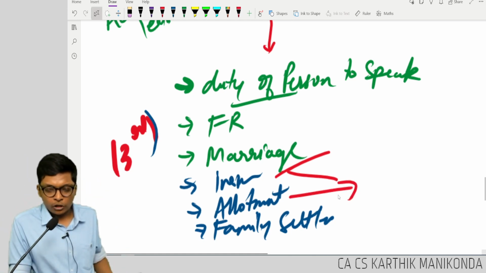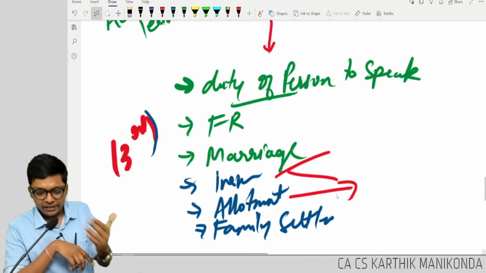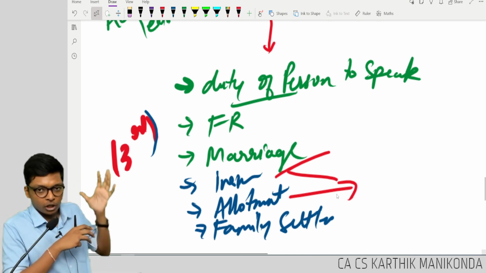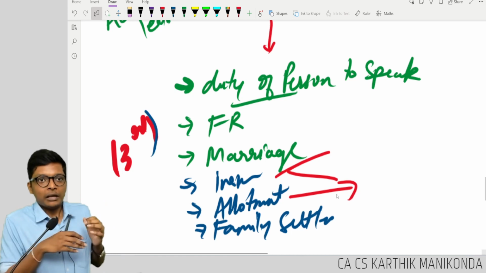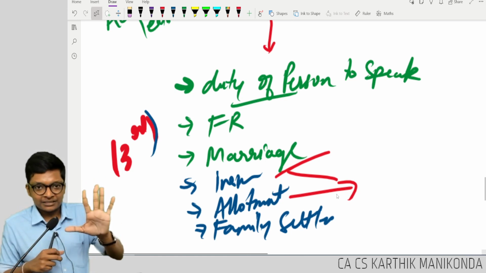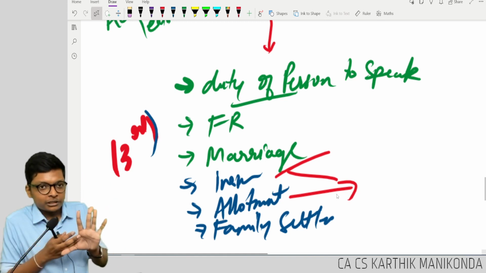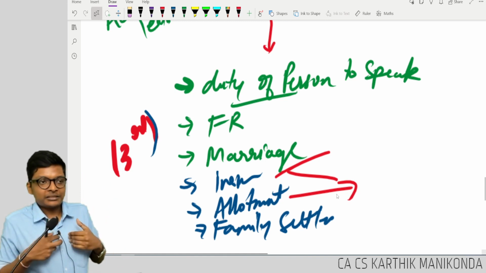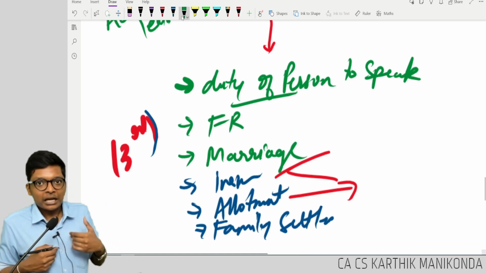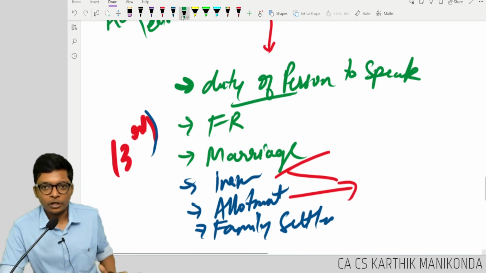Same case in share allotment. For example, right now when we are talking, the Tata Technologies IPO is going on. You can buy shares of companies. Now, I buy shares based on what they disclose in the prospectus. Just because something is not disclosed in the prospectus, some material information, the company did a fraud, I didn't disclose. You can't say you didn't ask. Are you following what I'm telling, guys?